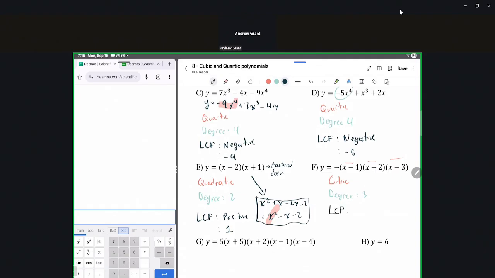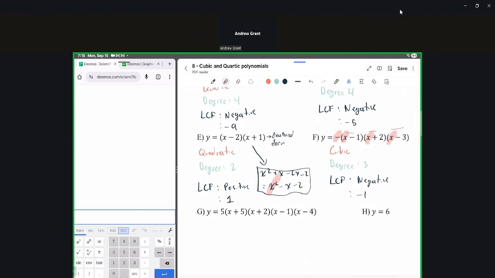The leading coefficient is going to be negative, and if you're so inclined, we'd say that it's negative 1. Since it's negative times x minus 1 times x plus 2 times x minus 3, we have a negative sign here, but all of the other x values are positive. Hence, if you were to multiply it out, the leading term would be a negative x to the power of 3.